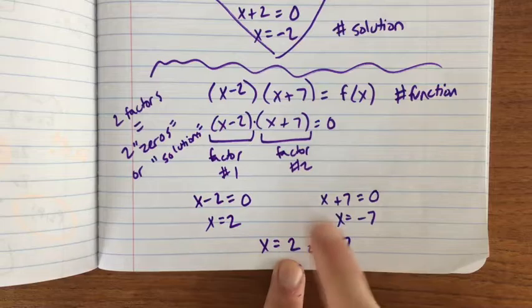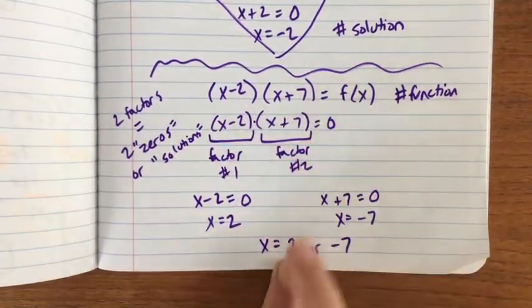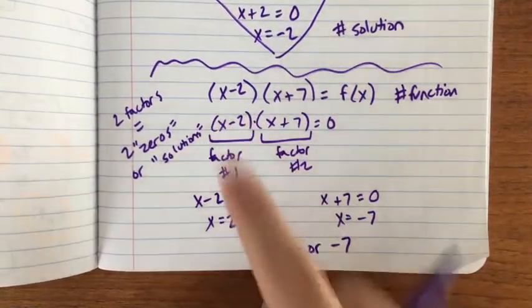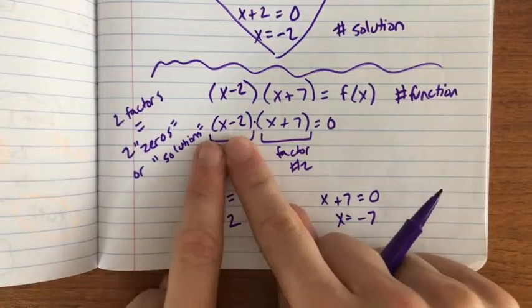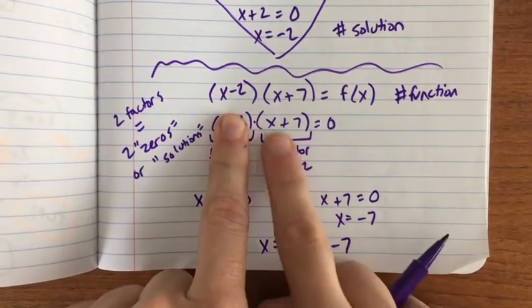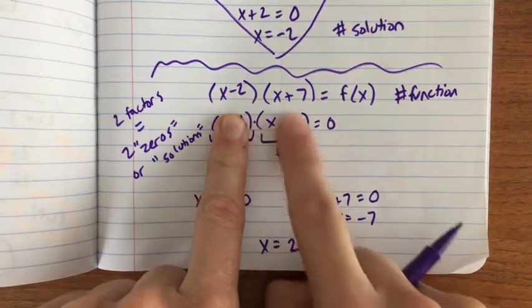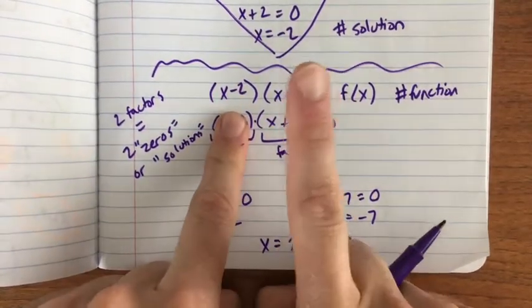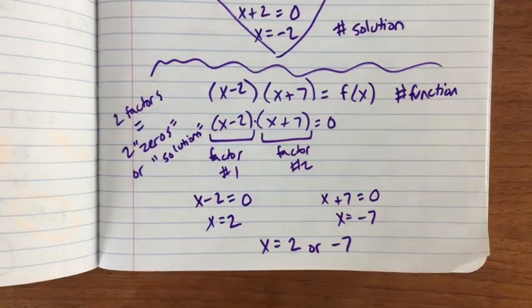And no matter what value I put in, it's going to make the whole thing worth 0, right? Because if I put a 2 here, 2 minus 2, that's a 0, times 2 plus 7, that's 9. 0 times 9 makes 0.